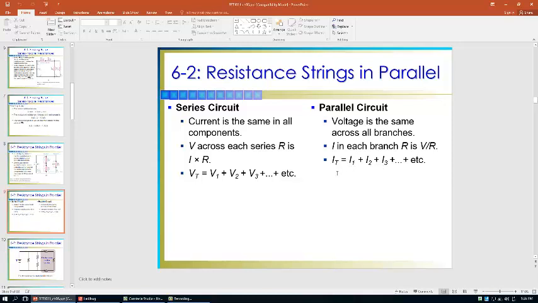Okay, the total current is equal to the sum of all the branch currents. And the current in each branch is the voltage divided by the resistance for that branch.